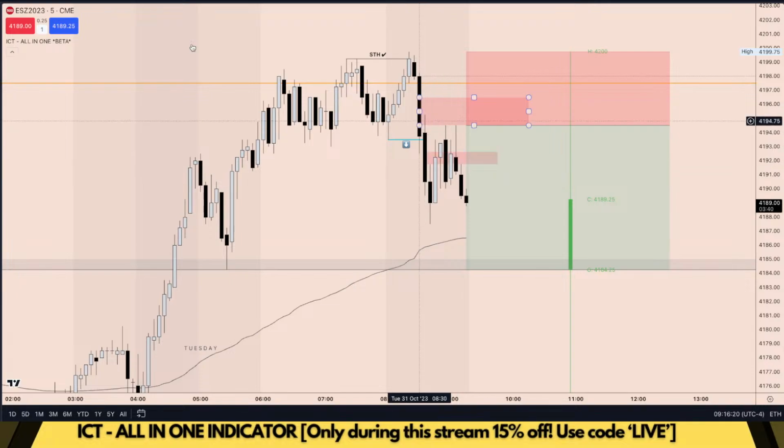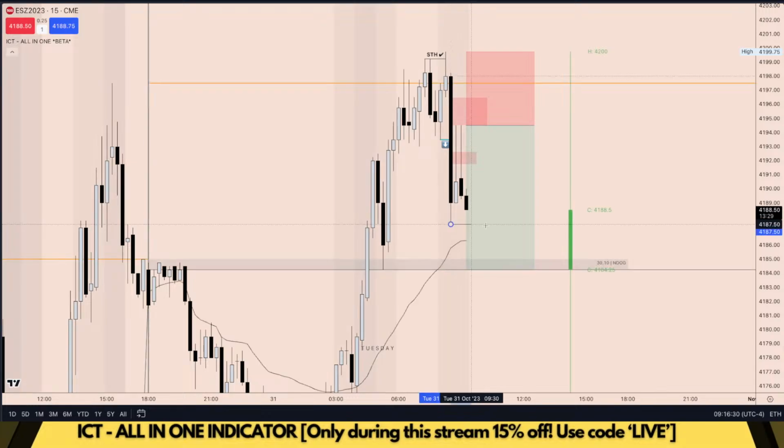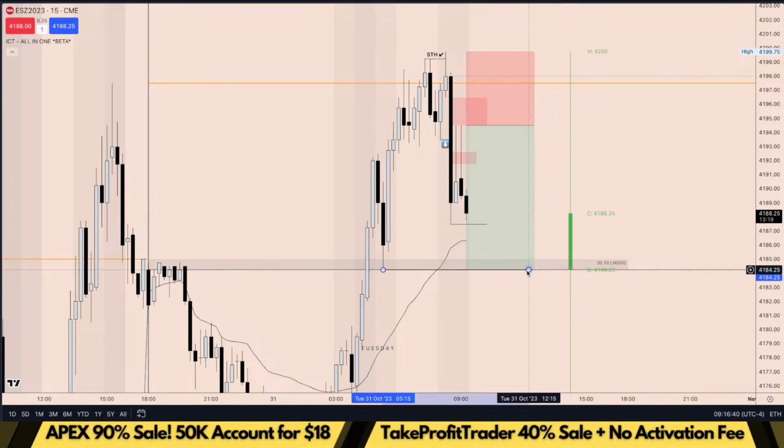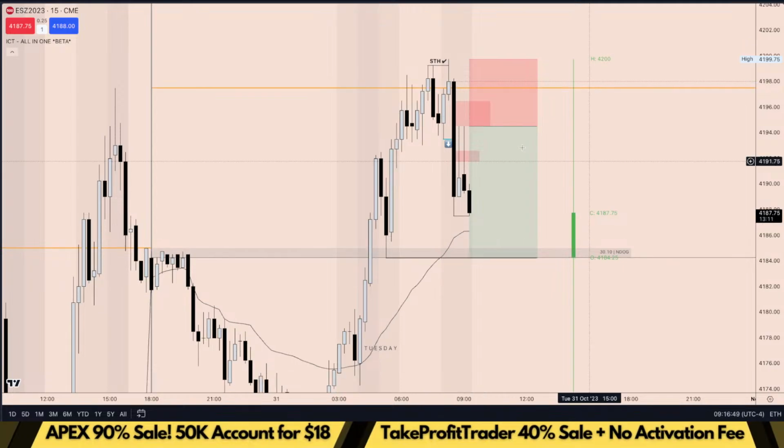And we do not hit our 5 or 15 minute bearish fair value gap, continuing further to the downside. My first target really, other than this low right here, would be the daily opening right at 4184.25. And it seems we're accelerating towards that. Yep, on both ES and NQ. So this is just a missed opportunity on my side.